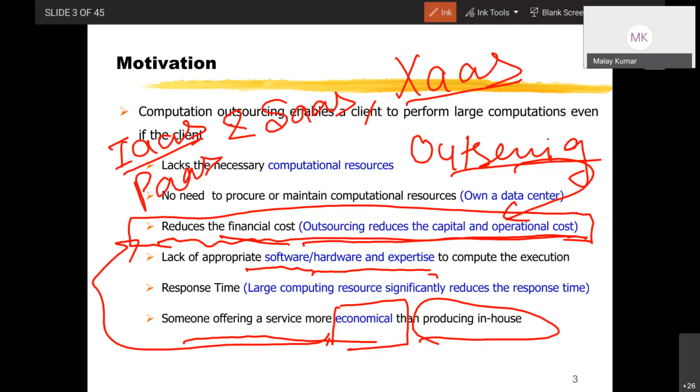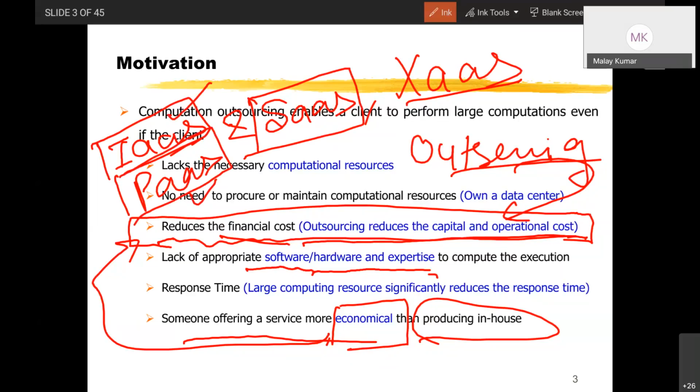So if your client just needs a computational resource, you can provision a virtual machine. If your client needs platform as a service, you can start using the platform, the development resources, and over it you will develop your application. And finally, if someone wants to directly use a software service, that is also possible.